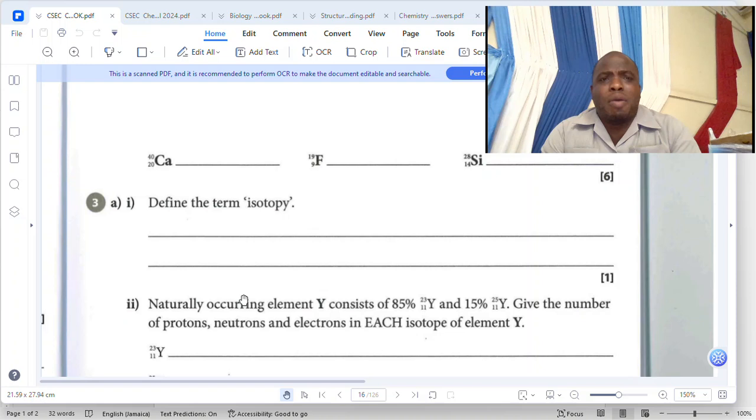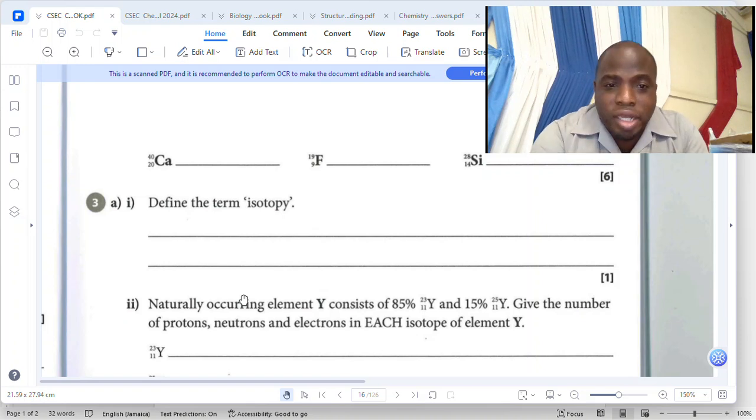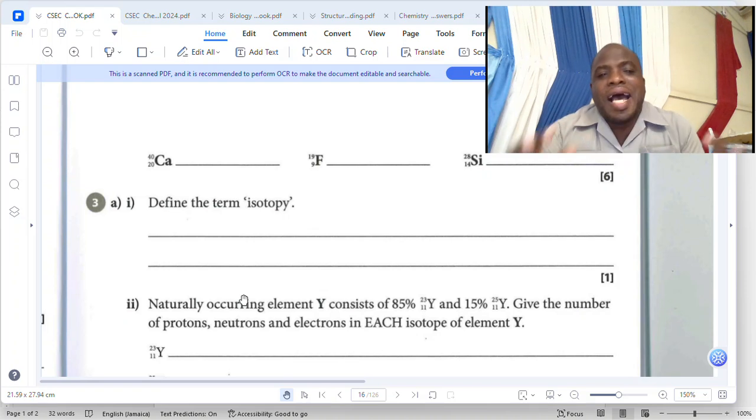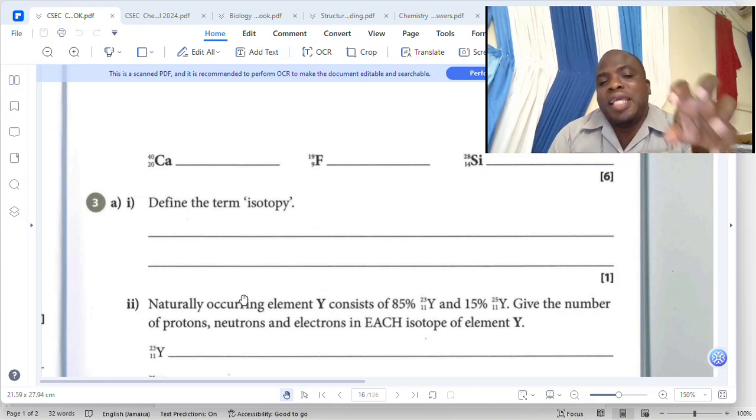Physical properties include density, boiling point, melting point. Those things are going to be different. In terms of chemical property, for the isotopes, it's going to be the same. Why?